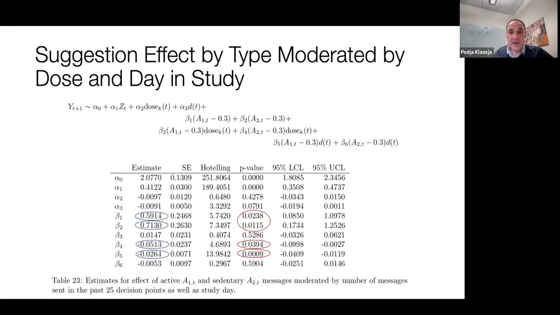And so then we said, okay, what happens if we break down both by walk-in suggestions and anti-sedentary suggestions, but look at both day in study and previous dose? And what we find here is that the two types of suggestions respond differently. So walk-in suggestions decay with the day in study, while anti-sedentary suggestions decay with the dose in the previous few days.